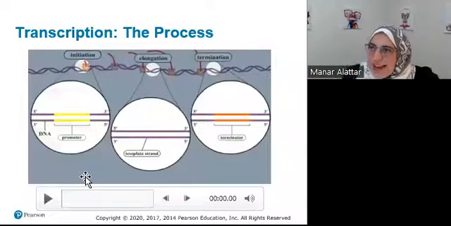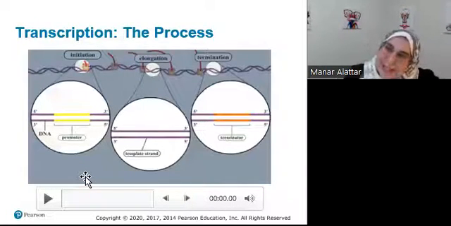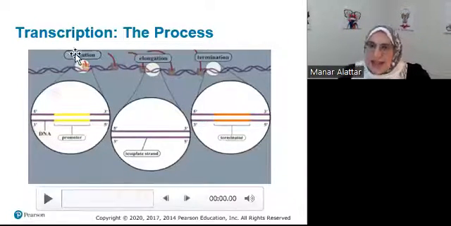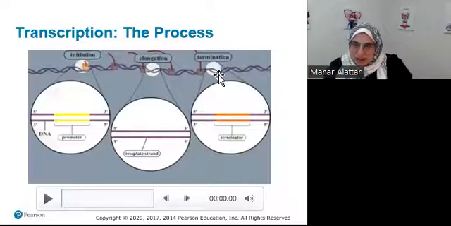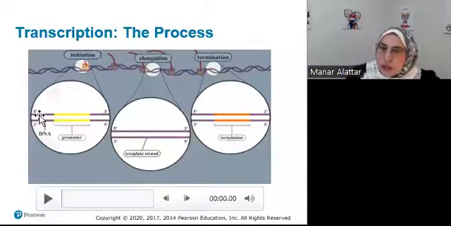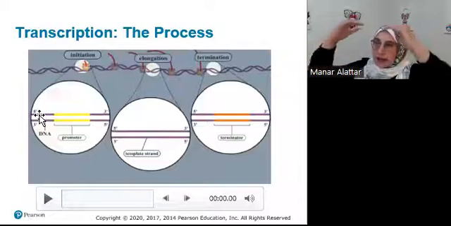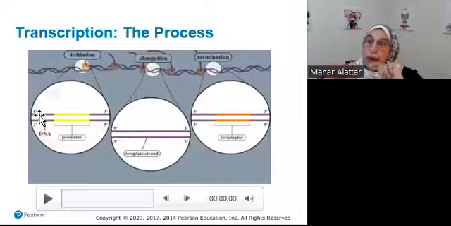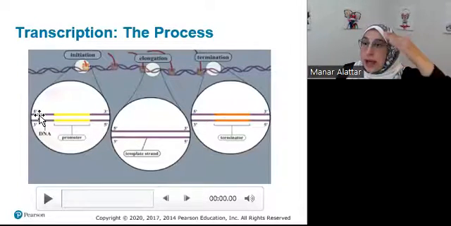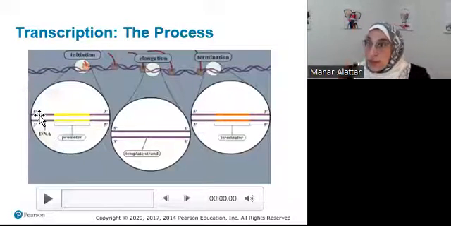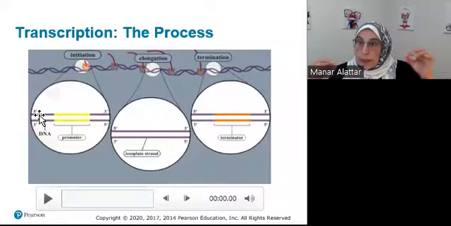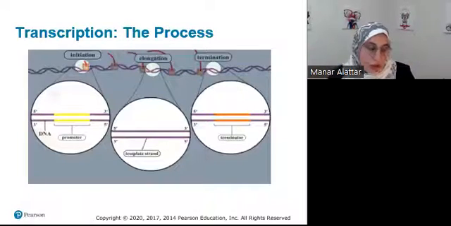Both transcription and translation occur in 3 steps that have very similar names: initiation, elongation, and termination. So transcription is copying the DNA into an mRNA copy, and translation is copying the mRNA template into amino acid strands, polypeptide strands or proteins.